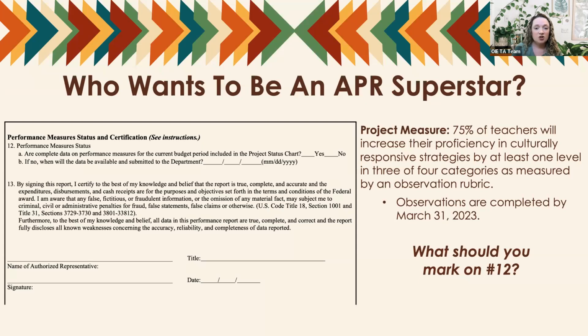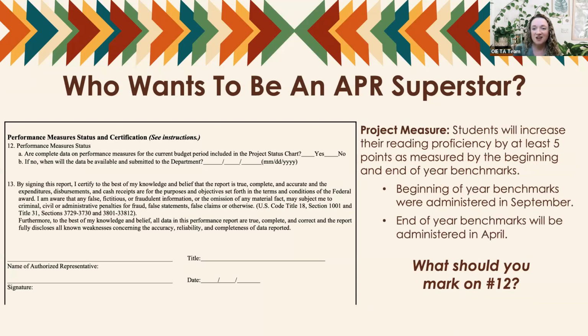All right, let me show you another situation. For this one, it doesn't want to go to our next situation. There we go. If you were saying students were going to increase their reading proficiency by at least 5 points as measured by beginning and end of year benchmarks, you do your beginning of year benchmarks in September, you do your end of year benchmarks in April, what would we be marking on 12?